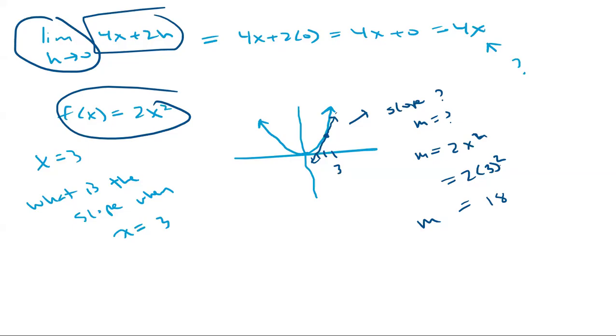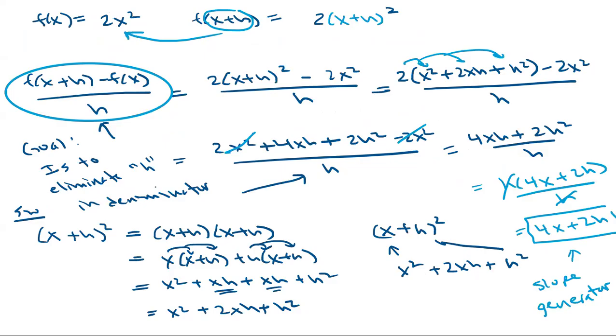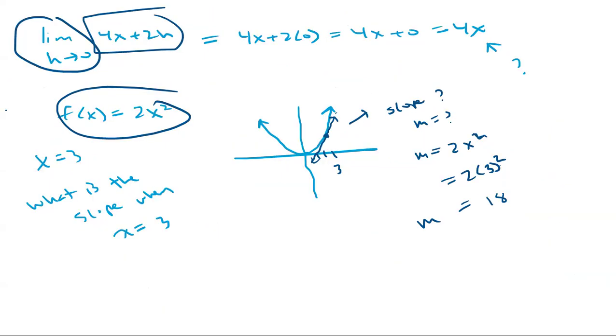Okay, so let me just backtrack what I said here. The 2x squared represents this function, so this graph, the parabola. So I apologize, I used that instead of what we found. So let me erase that here.